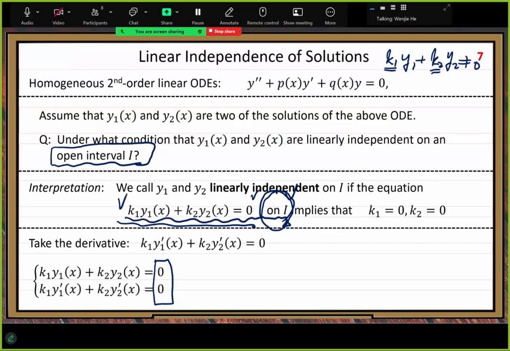So it's a 2 by 2. We can represent it in matrix form. Here, K1, K2 we treat as two unknowns.